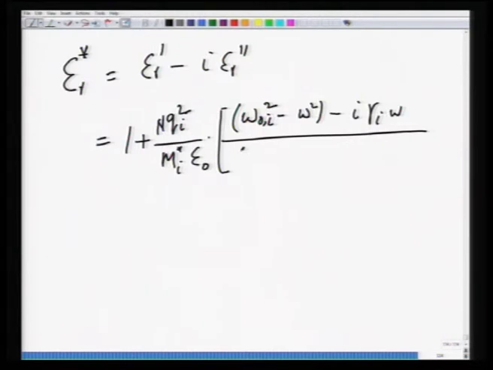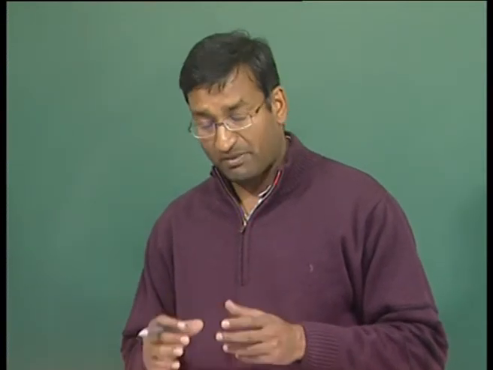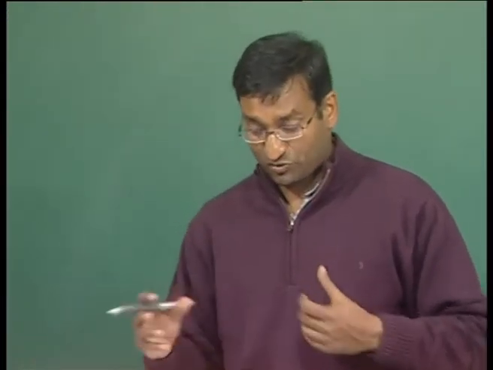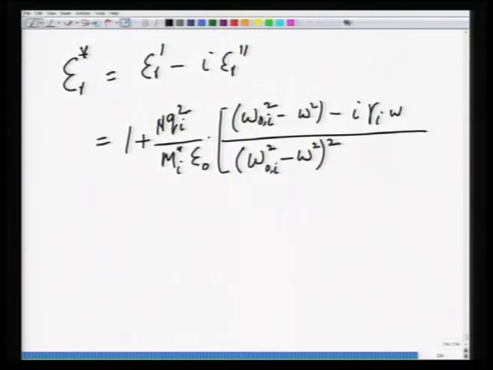The bottom term becomes omega naught I square minus omega square. So basically it is like a minus b multiplied by a plus b, and that becomes a square minus b square. So this becomes a square minus I gamma I omega square.